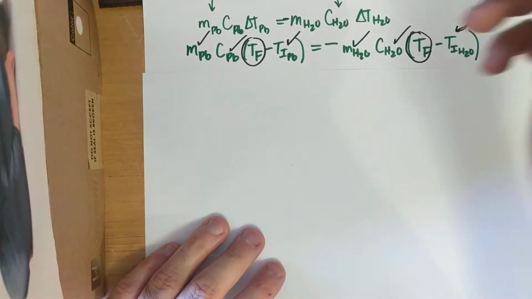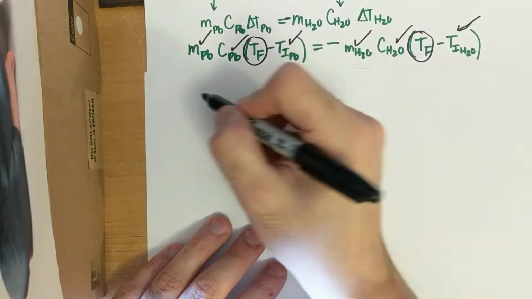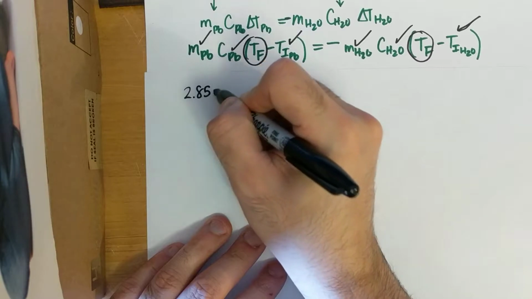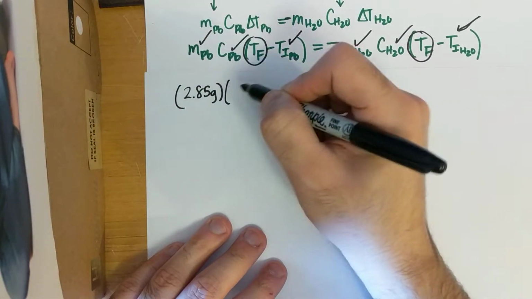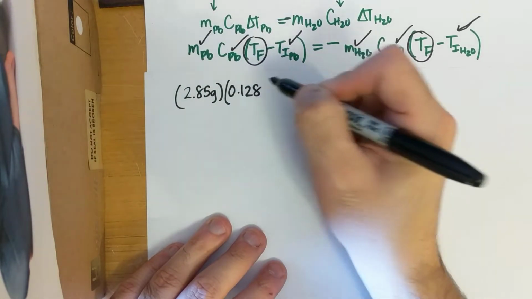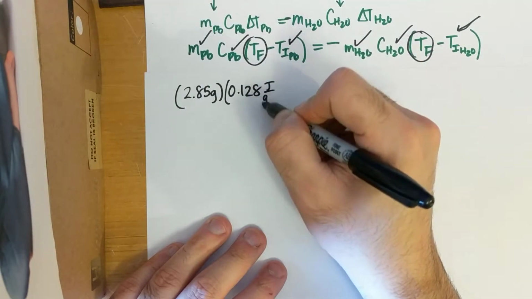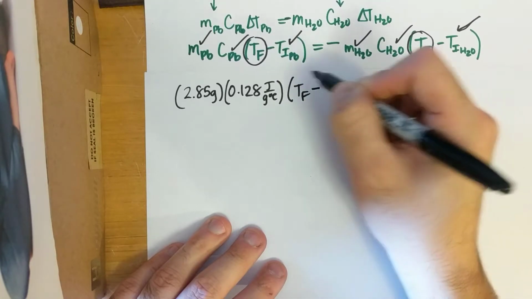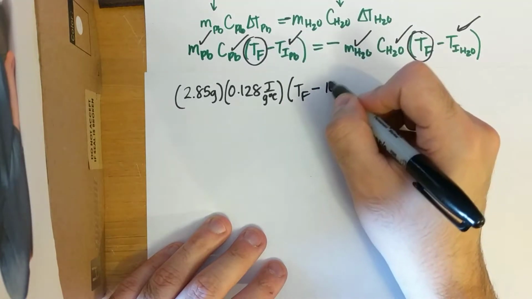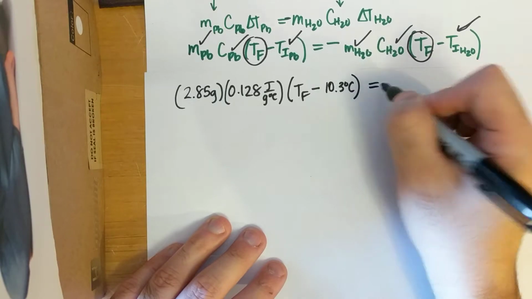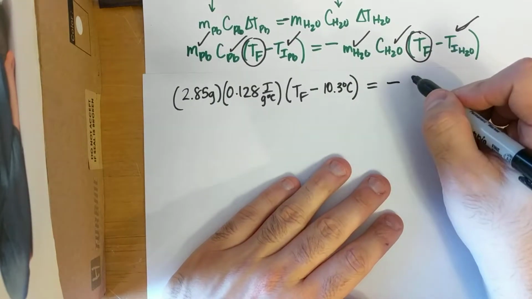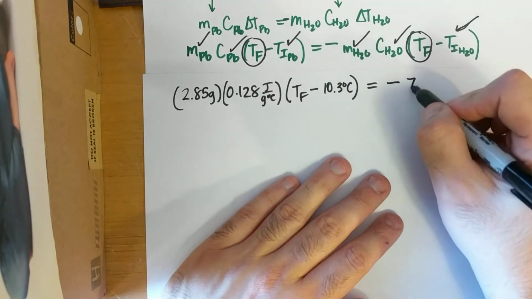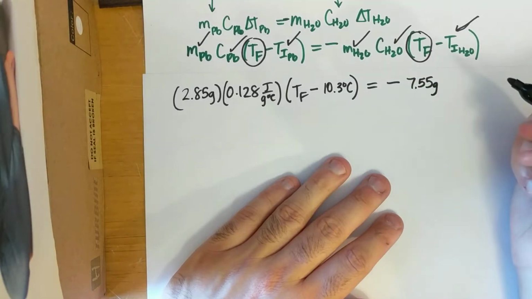So my mass of lead given to me before was 2.85 grams. My specific heat capacity of lead was 0.128 joules per gram degree Celsius. T final minus T initial, which is 10.3 degrees Celsius. Then negative, my mass of water was 7.55 grams.